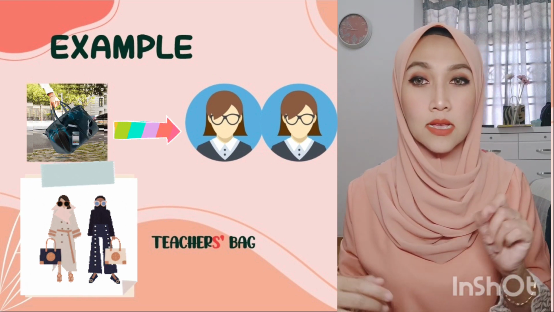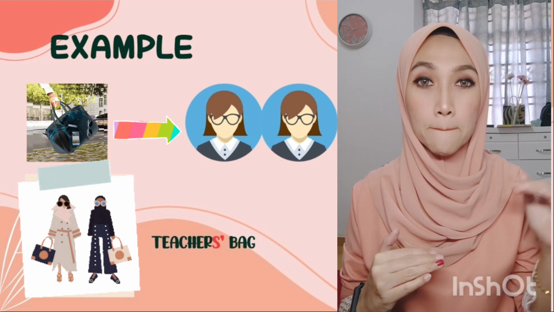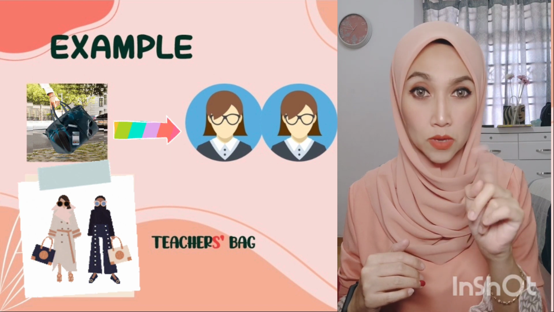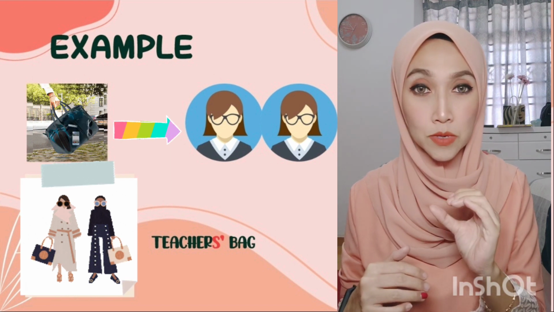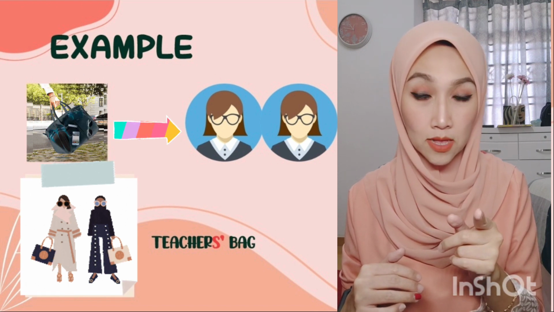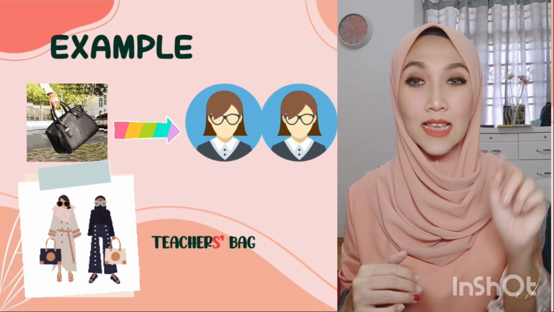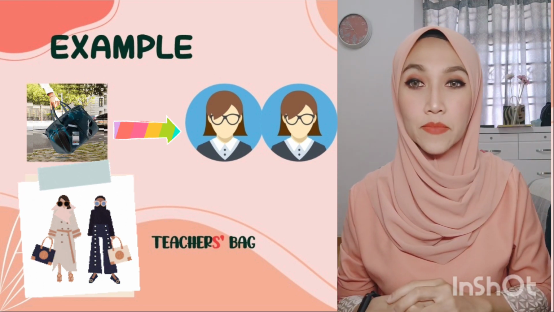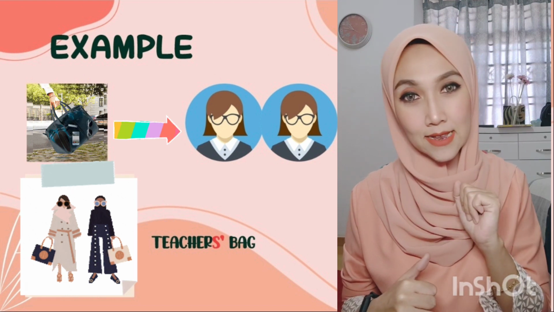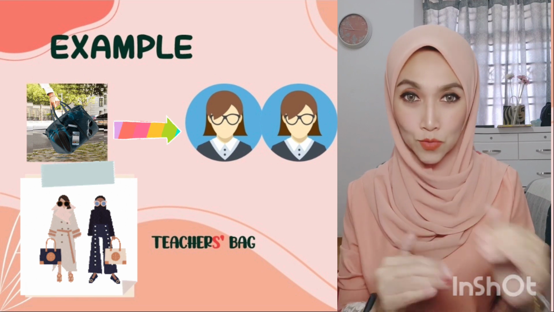We use S apostrophe, teachers' bag. When it becomes plural, we add S, right? When something becomes plural, we add S. So now teachers, the spelling will have S, and we just put the apostrophe there. We just put the comma on top, no need to add another S. So it shows the bag belongs to those teachers.